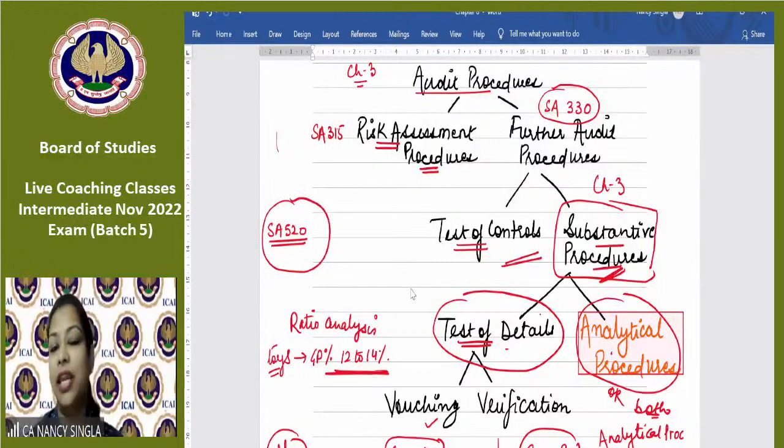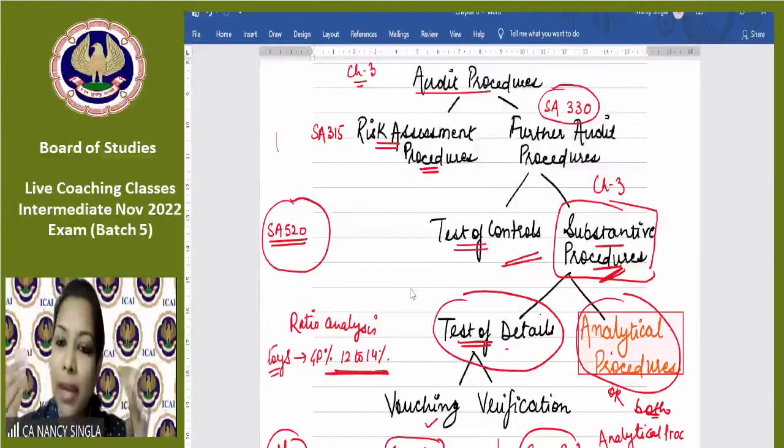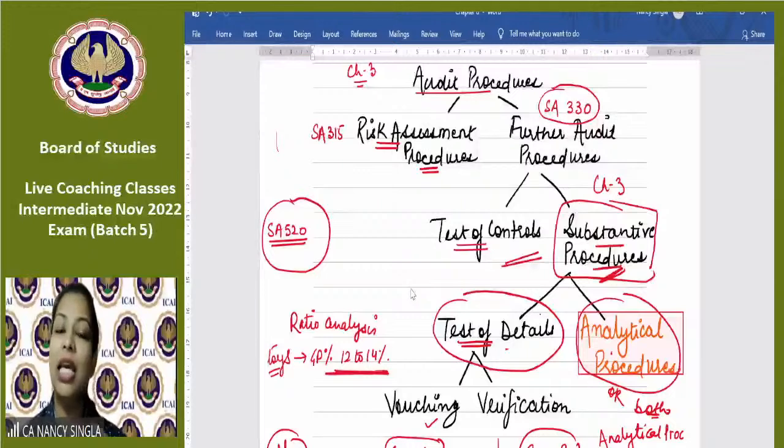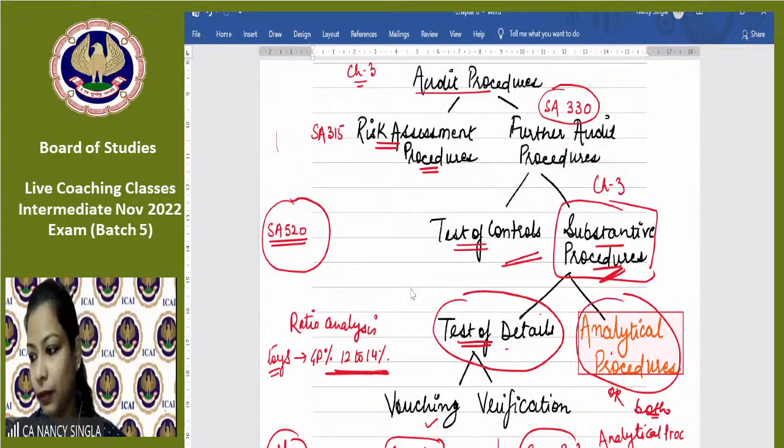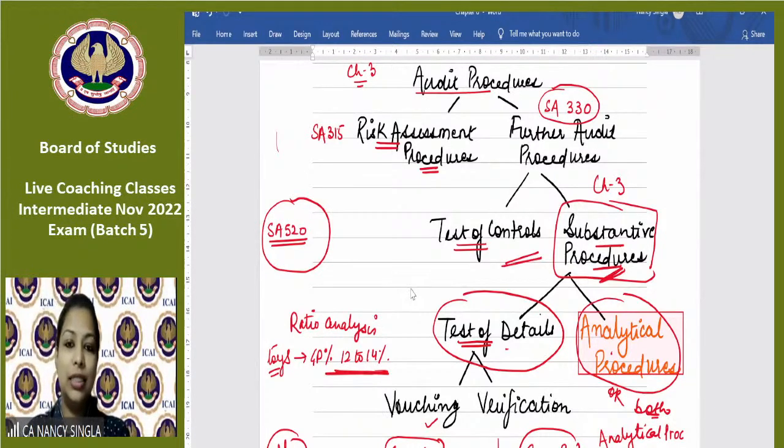In SA 520. Understood? So SA 330 says that substantive procedures may include analytical procedures. And how to perform analytical procedures, what are the responsibilities of the auditor, the scope, the objective, the techniques, all that is contained in SA 520. Okay? So students, we will be discussing more and more examples, and I'm sure that this concept is going to be very clear to you.